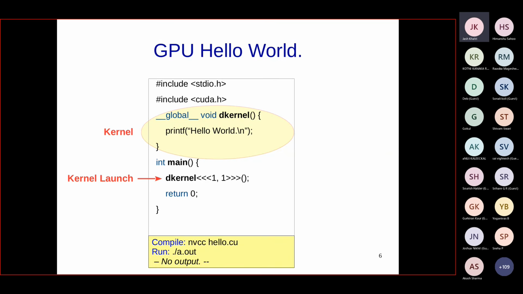The reason is this. The CPU starts executing from main. It sees that there is an instruction which is a kernel call, so it launches the kernel and moves ahead. The kernel is being executed on the GPU, and the CPU is executing the next instruction.